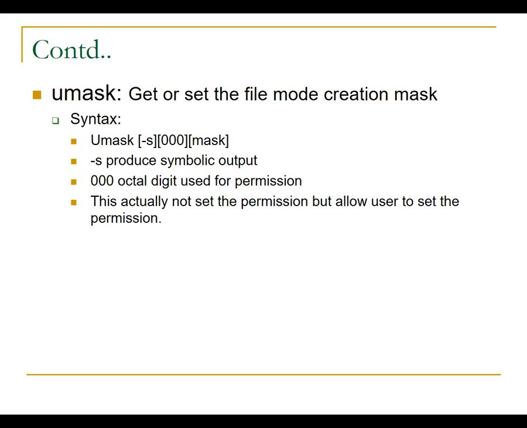It will not set the permission by itself. That means this command allows the user to set the permission, but it does not actually set the permission. So the line is written over here: this does not set the permission, but allows the user to set the permission.